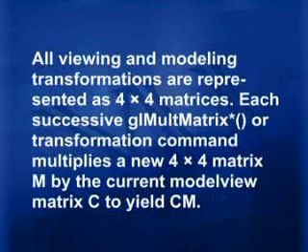All viewing and modeling transformations are represented as 4x4 matrices. Each successive glMultMatrix or transformation command multiplies a new 4x4 matrix M by the current modelview matrix C to yield CM.